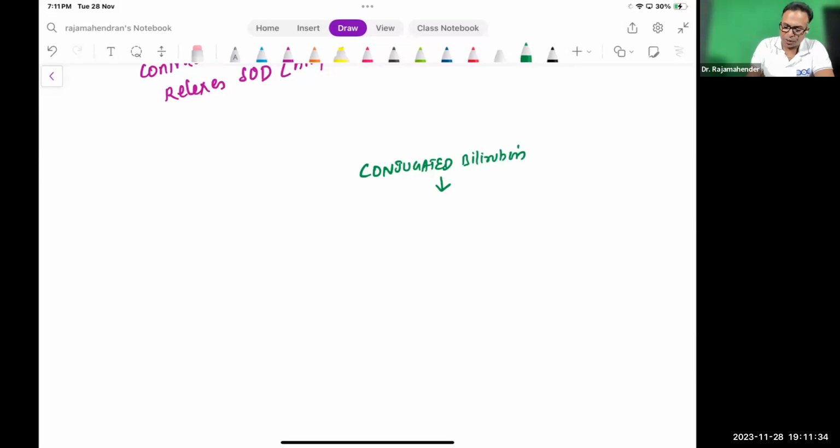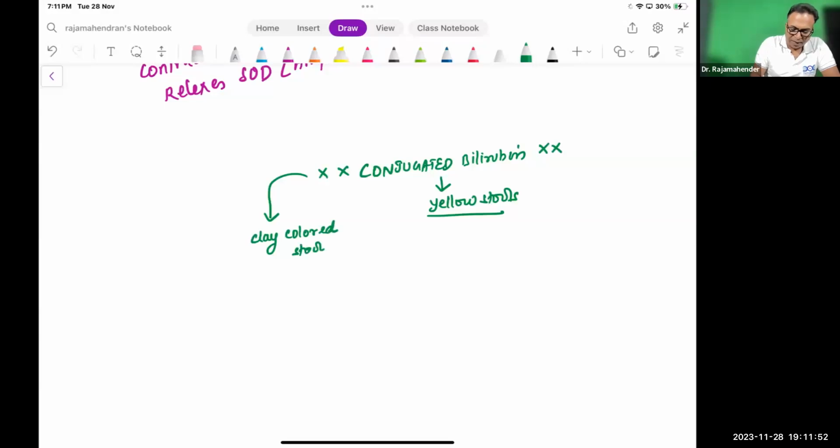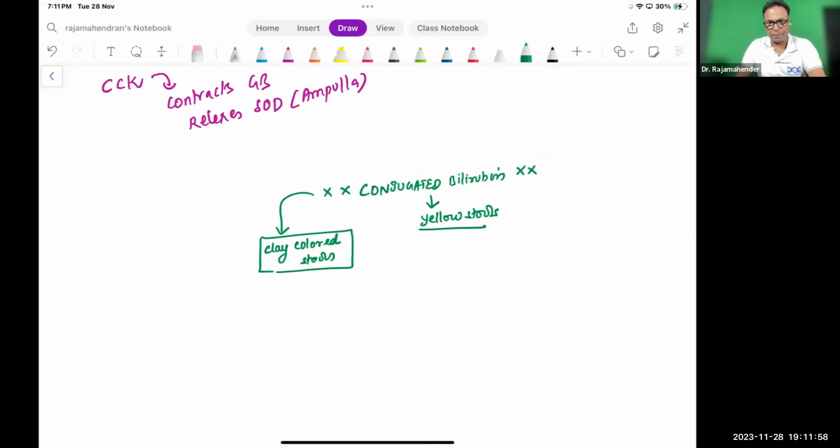It is because of this conjugated bilirubin that yellow stools are happening. Now in an obstructive jaundice, conjugated bilirubin is not entering into the bowel. So therefore, what happens? The stool color will be clay color, a white clay color stool. That is a very important clinical feature. So clay color stools are seen because conjugated bilirubin is unable to enter into the bowel, number one.